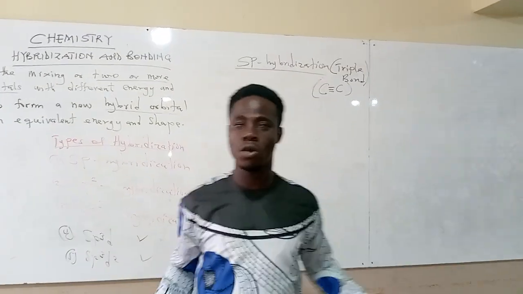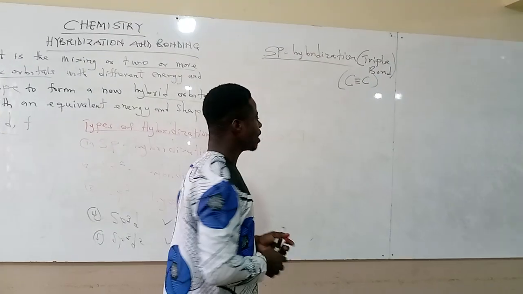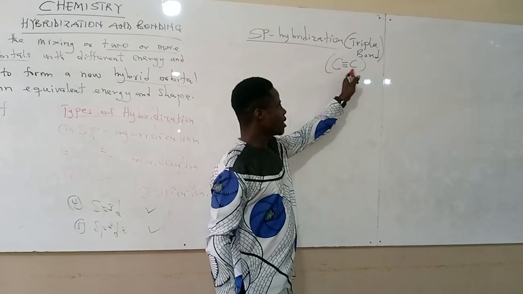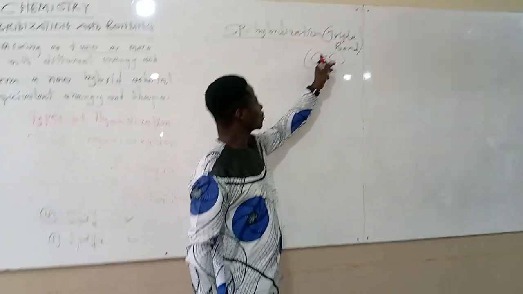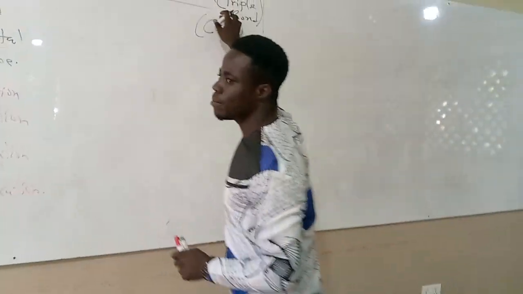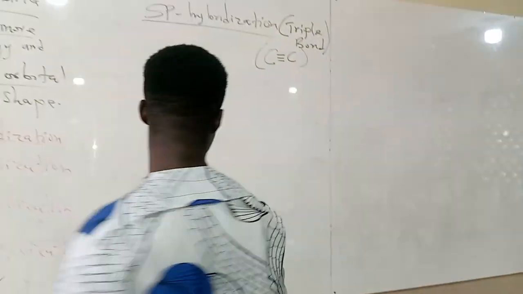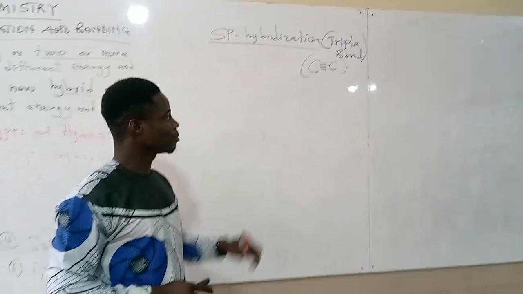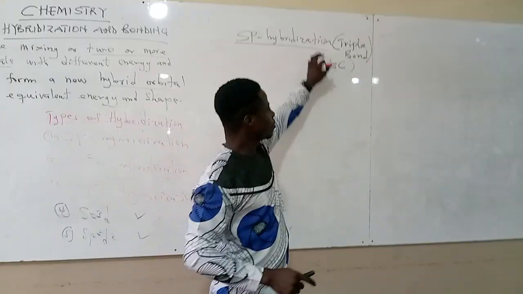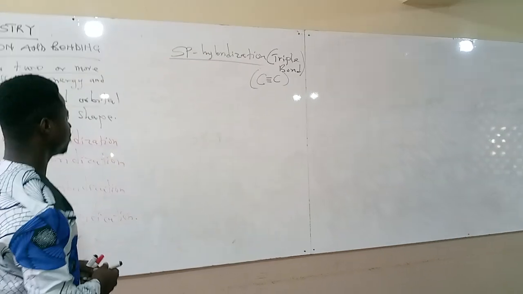Not all types of covalent molecules, but specifically we have some specific covalent molecules. We have a sigma bond and pi bonds. So we have one sigma bond with two pi bonds. This is sp hybridization. So let's discuss this in detail.